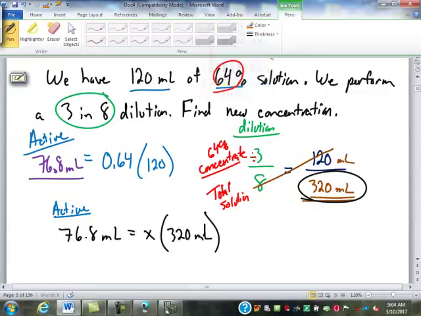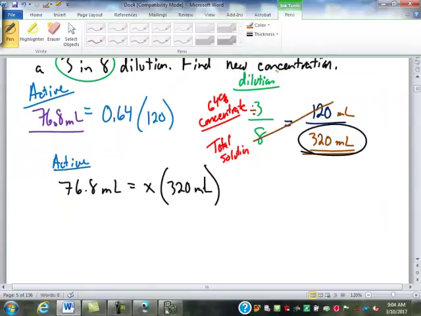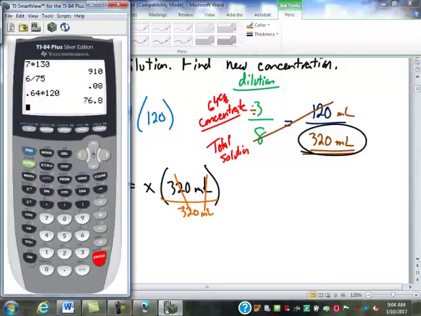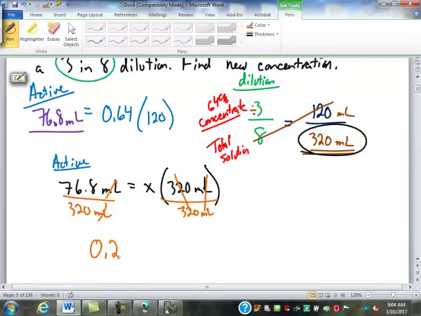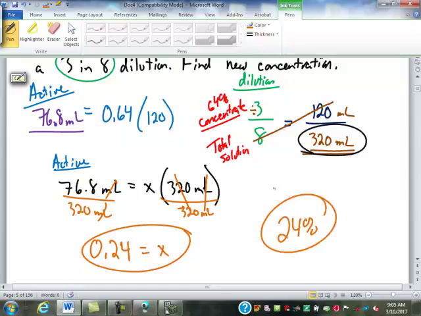So we solve for the concentration by dividing by 320. 76.8 divided by 320 should give us 0.24, and it does. So 0.24 equals X, so that new solution is now diluted to 24%.